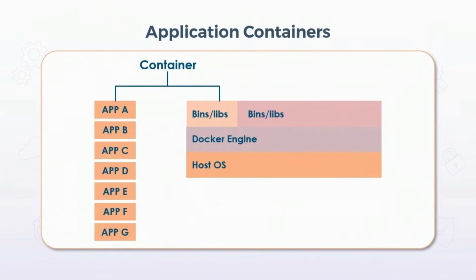So if you want to think about it, the application container does not contain an operating system like a virtual machine does. And you know what? That's one of the reasons why application containers start up so quickly. The underlying operating system is already running. To the operating system, a containerized application just looks like another running process. So that's one of the reasons why software developers just love these.